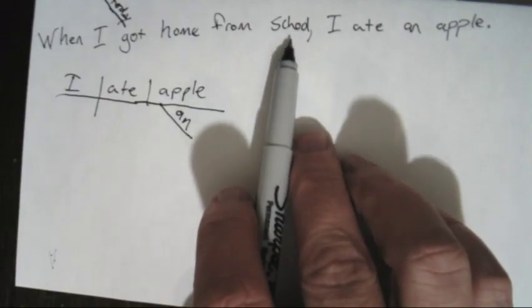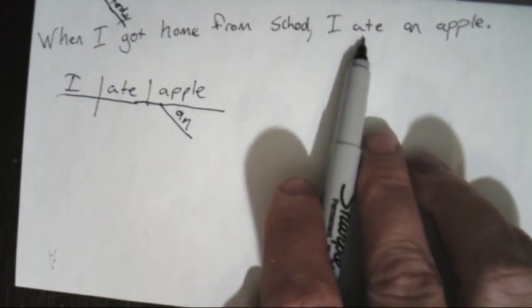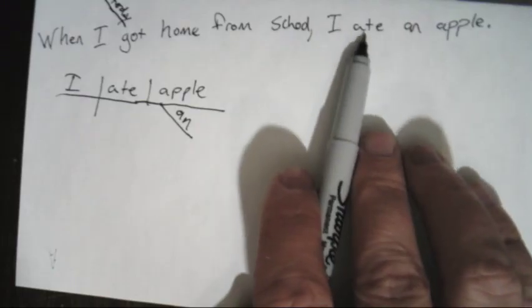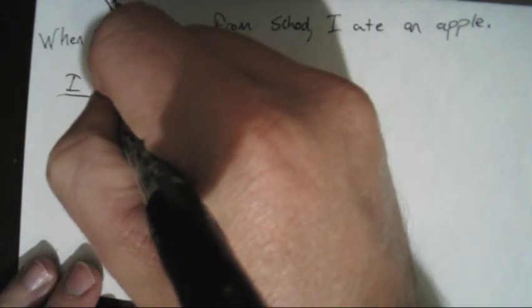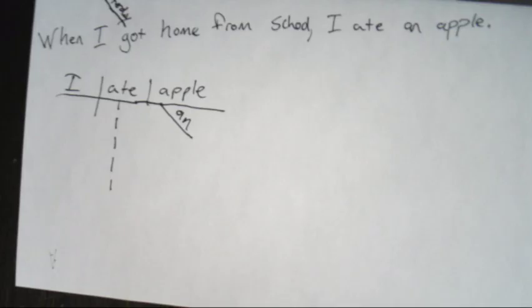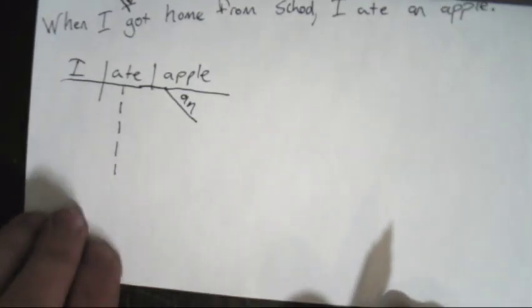What's that modifying? Hopefully you said ate. It's modifying ate because it's showing us when that apple was eaten, right? It's not modifying apple. It's not modifying I. It is modifying ate. So, we again need our dashed line. Of course, ate is a verb, so this is not an adjective clause. This is an adverb clause.